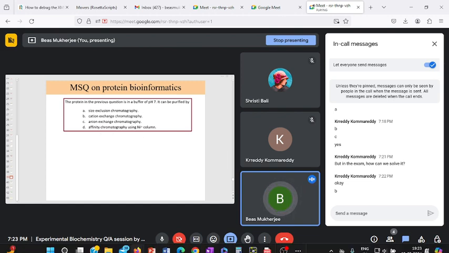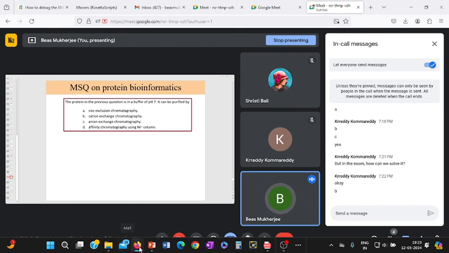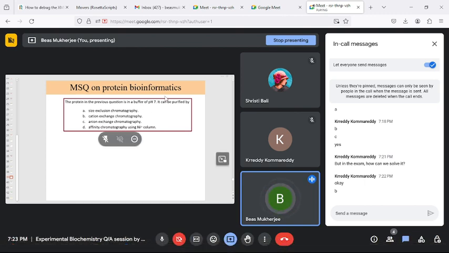So then you go for cation exchange chromatography, because it is going to be positively charged, because the NH3 groups are going to be NH3 plus, and the COOH group is going to lose this H plus ion. It is going to be COO minus, but again it depends on the number of NH3 and COO minus groups.